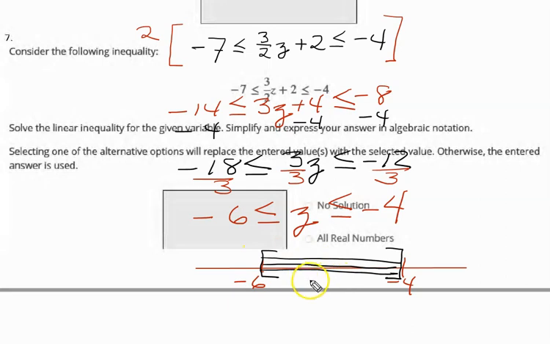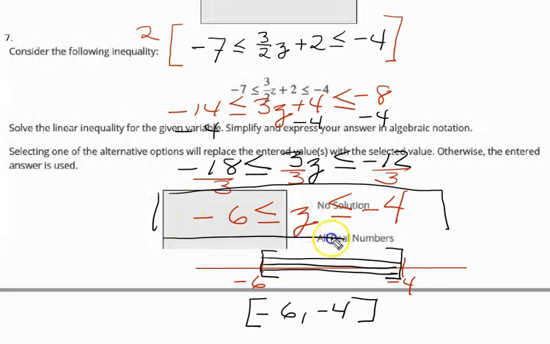And in interval notation, this would be, well, let's get a nice proper bracket there. Got carried away, I was doing so well. Bracket, negative 6, comma, negative 4, bracket. So if you were asked to graph this, you would choose the double bracket here. And then this is interval notation. This would be the algebraic solution. And that would be the graph.